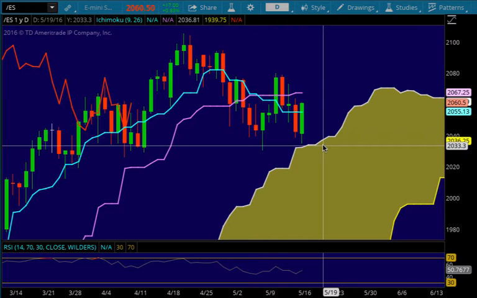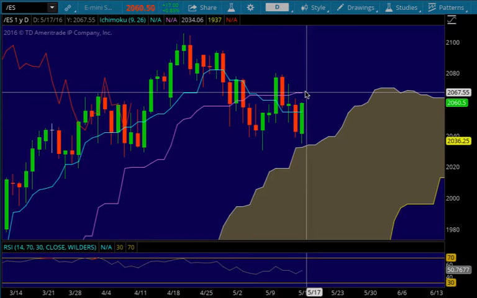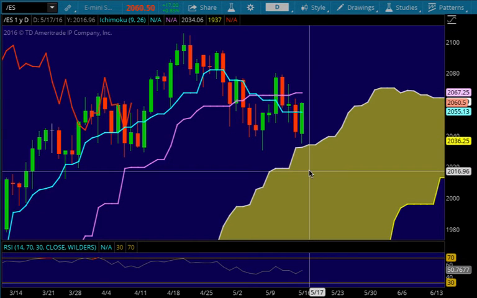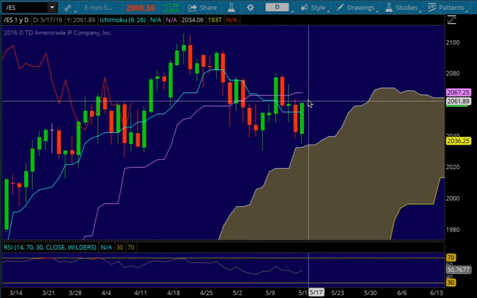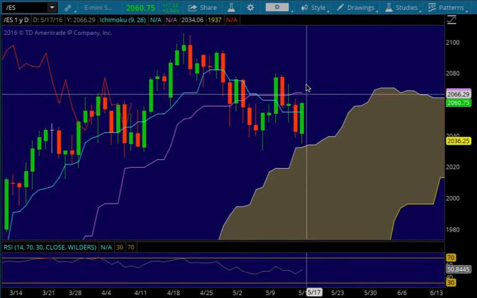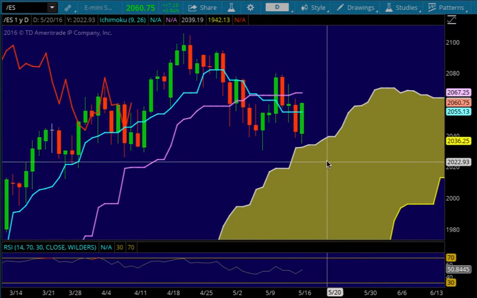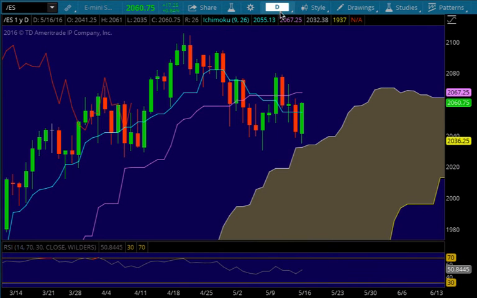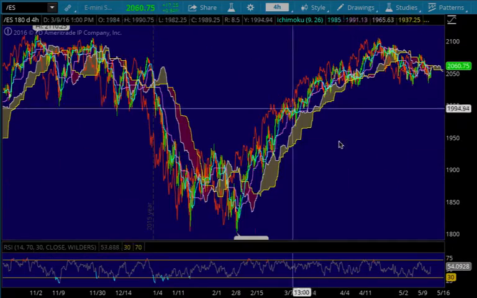So if you're long currently on the daily time frame, that is a good place to consider taking profits at that 2067.25 level. Other than that, once the Tenkan-sen does make it over that level, if it does, this chart will be fully bullish in Ichimoku terms.